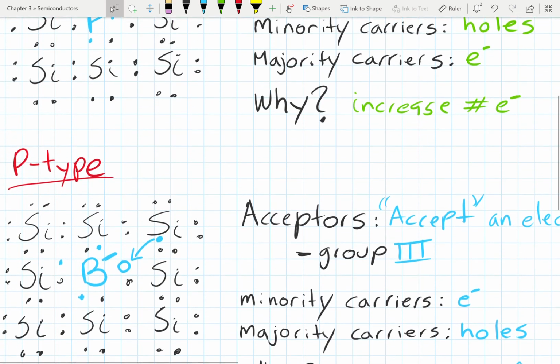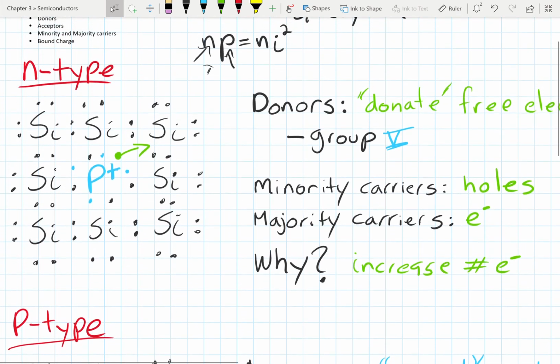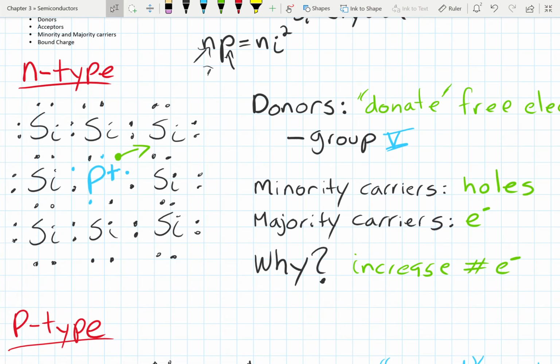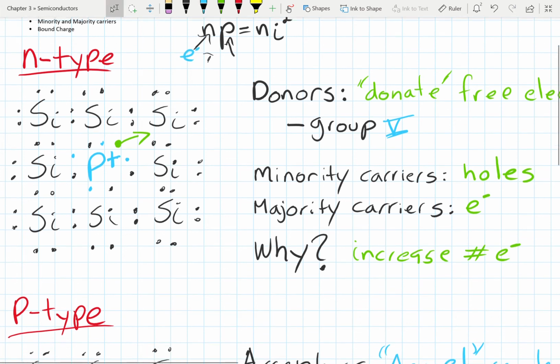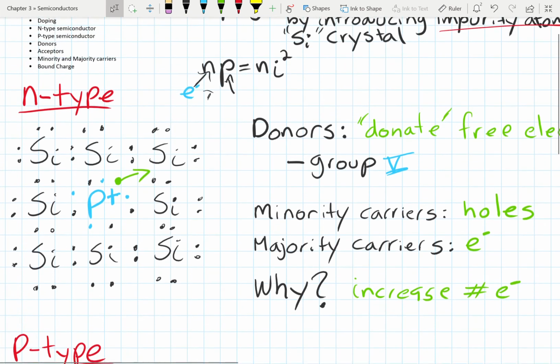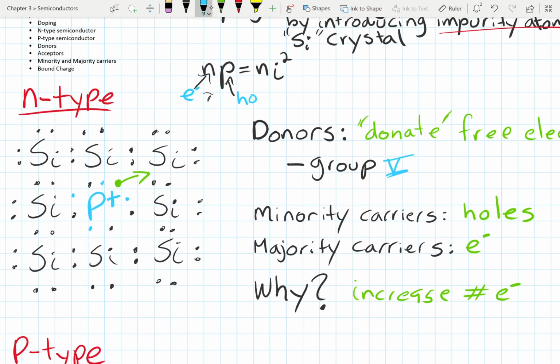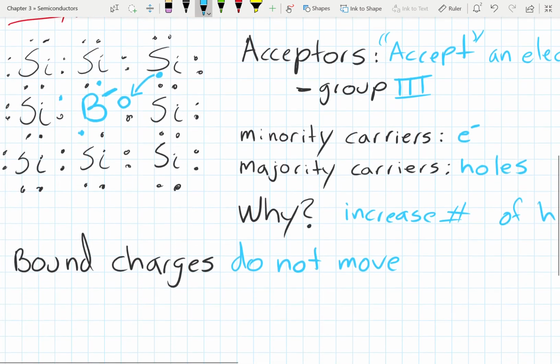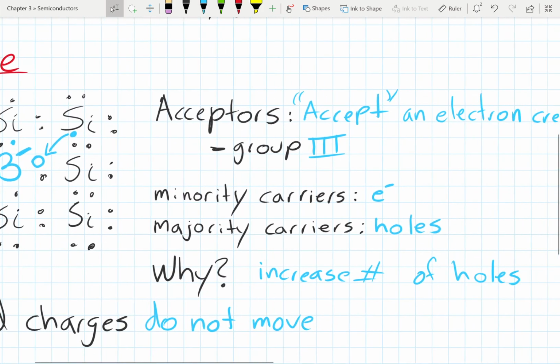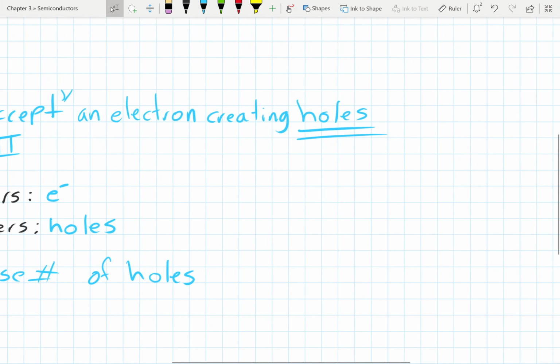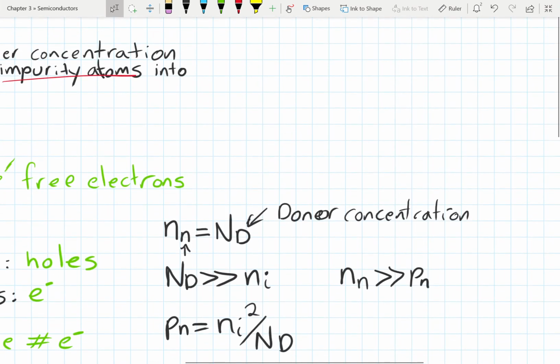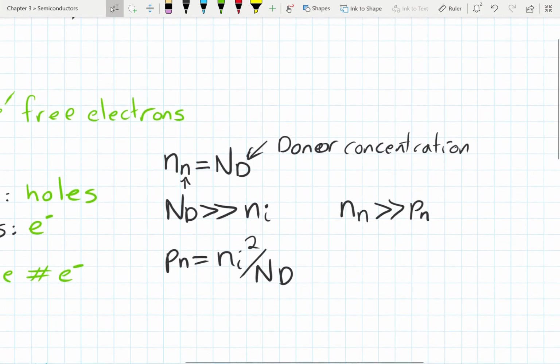One thing that I think I haven't mentioned is that n-type is called that because we're representing the electrons with this n, and p-type is called that because we're representing holes with the letter p. Similarly to the n-type, here on the p-type, we can create formulas just like these ones.